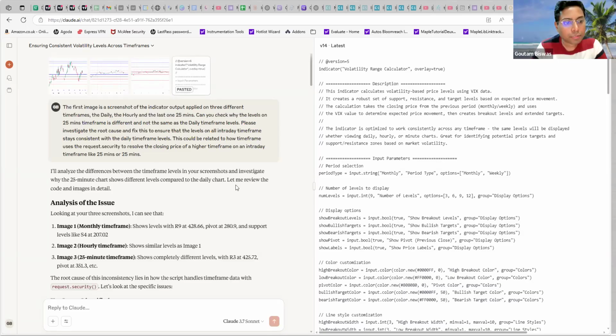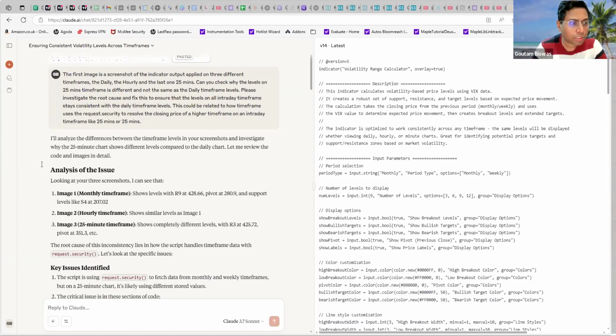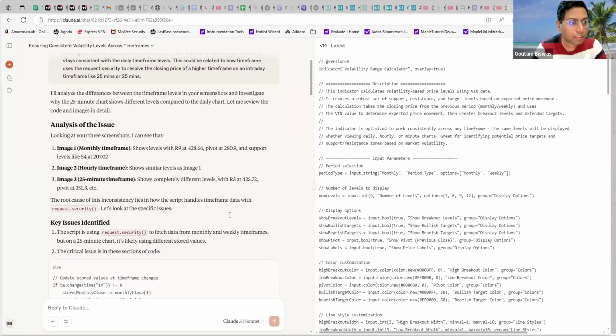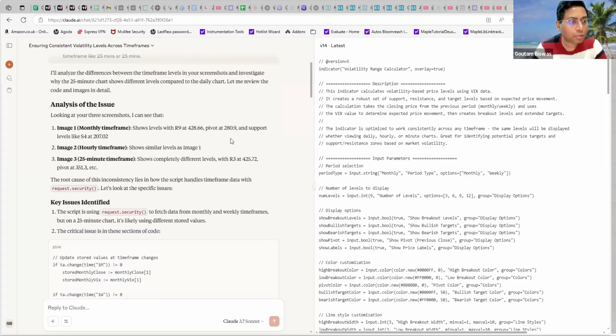I'll analyze the differences between the time frame levels in your screenshots and investigate why the 25-minute chart shows different levels compared to the daily chart. Let me review the code and images in detail. And so it took some time and then came up with this analysis of the issue.